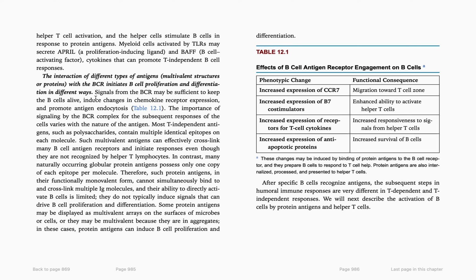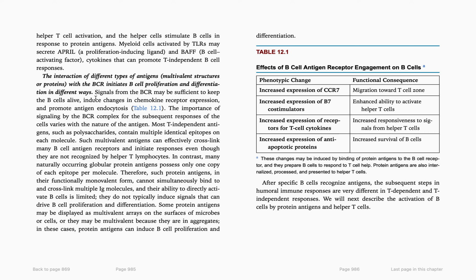Most T-independent antigens, such as polysaccharides, contain multiple identical epitopes on each molecule. Such a multivalent antigen can effectively cross-link many B cell antigen receptors and initiate a response even though they are not recognized by helper T lymphocytes. In contrast, many naturally occurring globular protein antigens possess only one copy of each epitope per molecule.